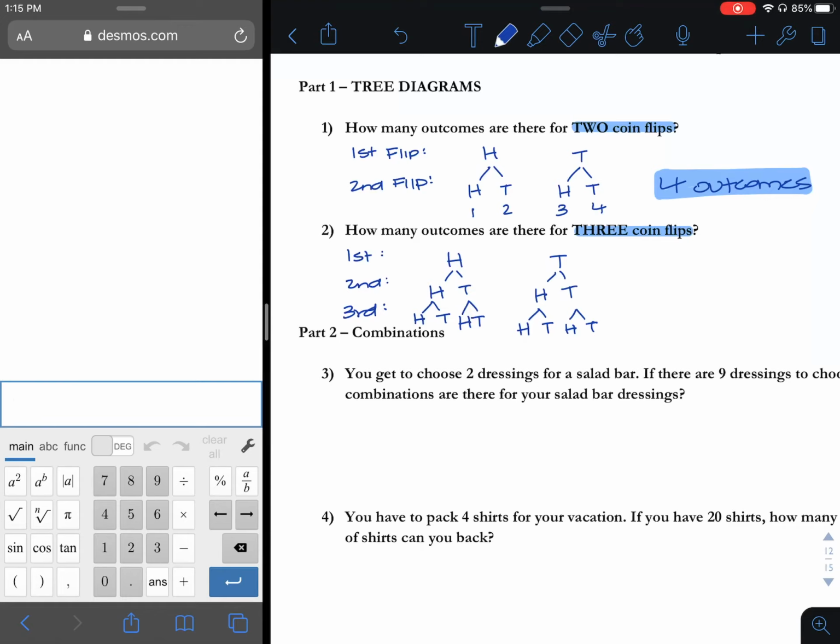When I'm counting the amount of outcomes, I'm always looking at that bottom row. How many outcomes do I have? I have 1, 2, 3, 4, 5, 6, 7, and 8. So I have 8 possible outcomes. You can list those outcomes, but it's not necessary as long as you know how to get them.